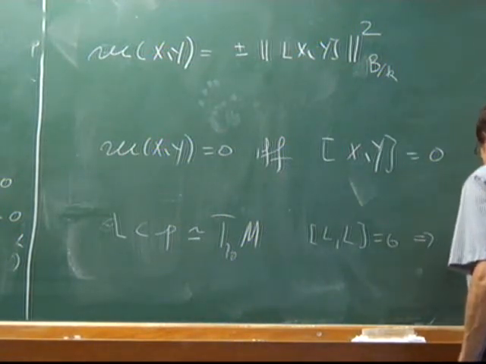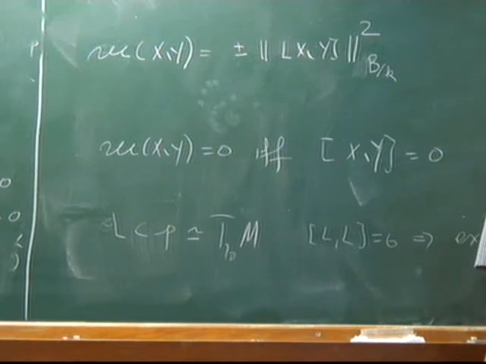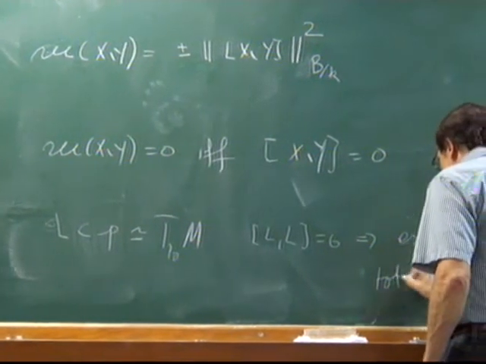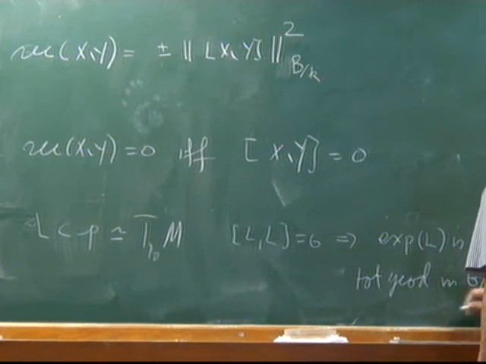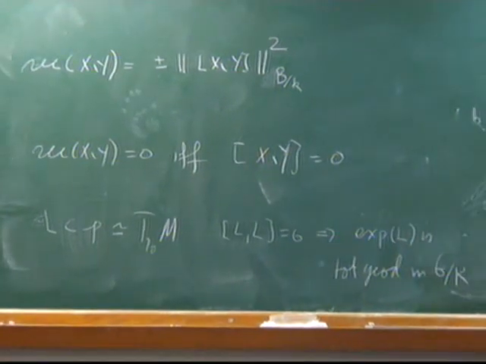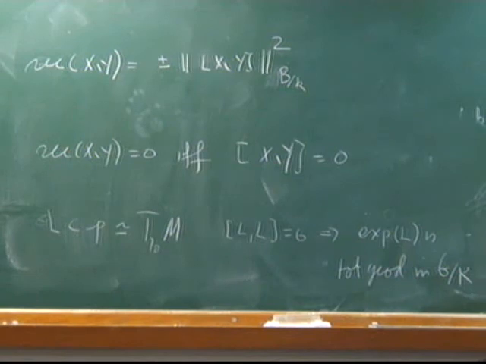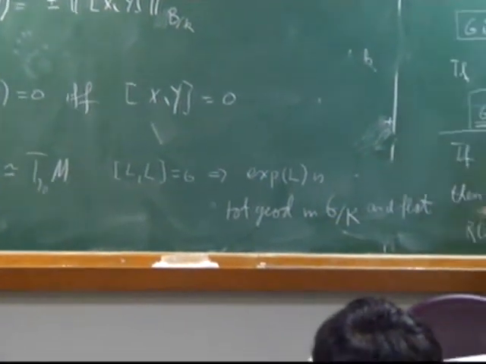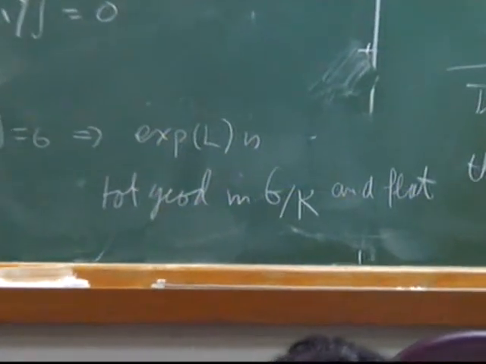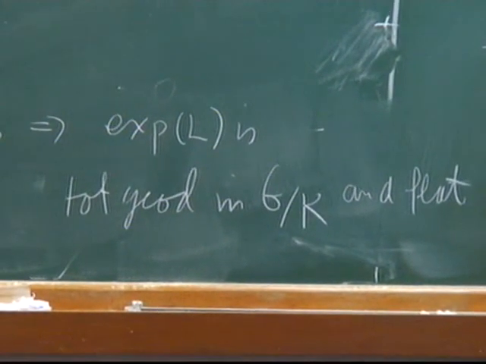This implies that the exponential of L is totally geodesic in the symmetric space. So if I look at the image of the exponential map, that integrates to something totally geodesic and flat. That's kind of what you're saying.